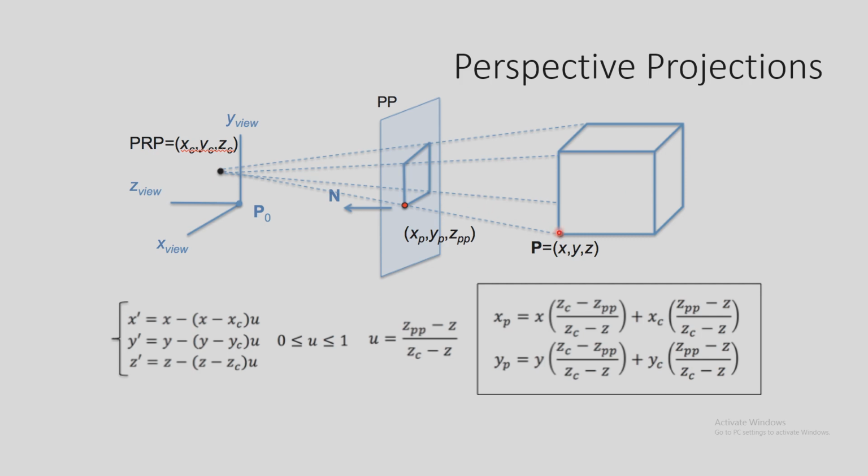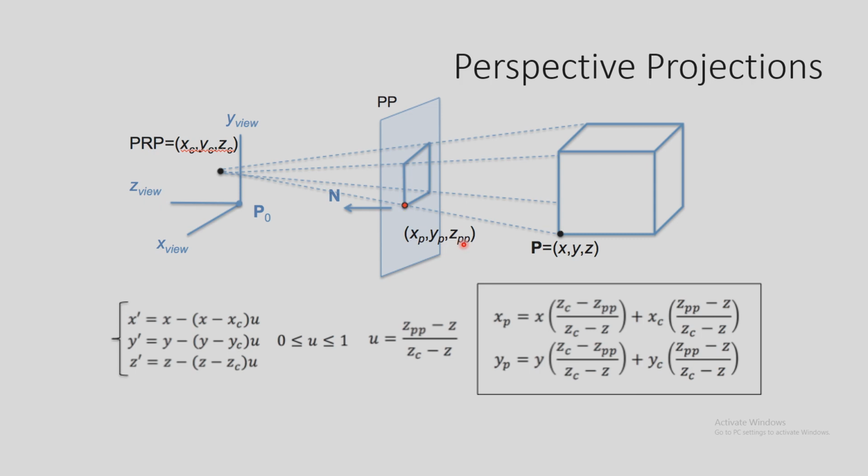PRP has XC, YC, ZC coordinates, and the point which is to be projected is P, X, Y, Z. If we draw a line joining that point P with PRP, it intersects the plane at this place.